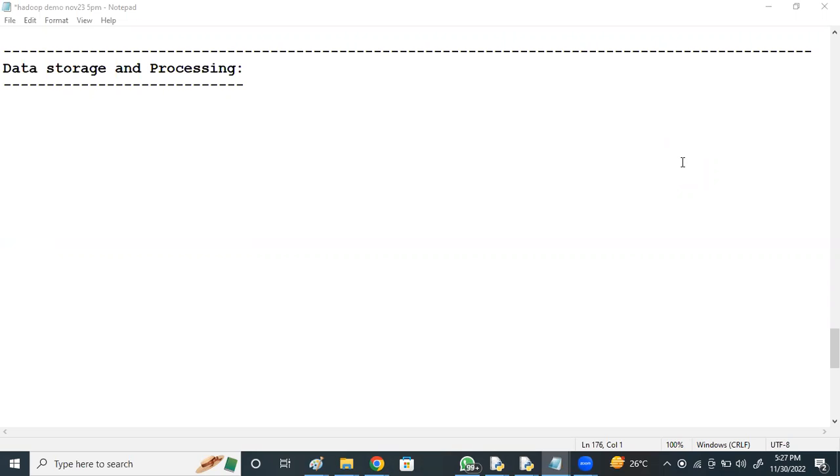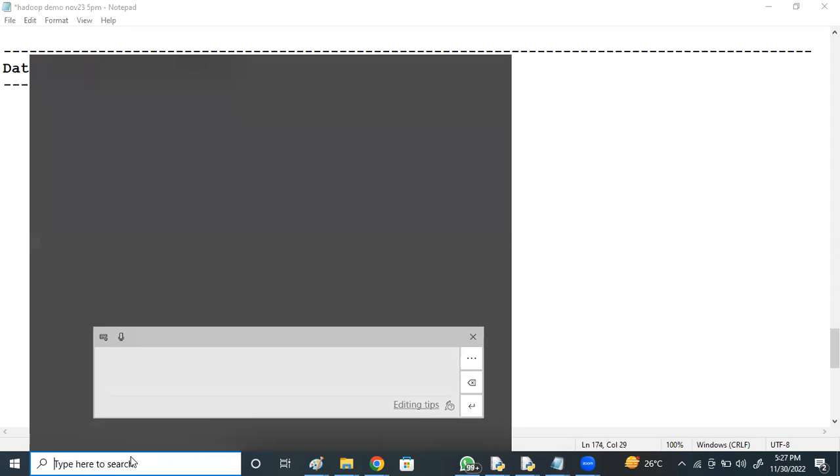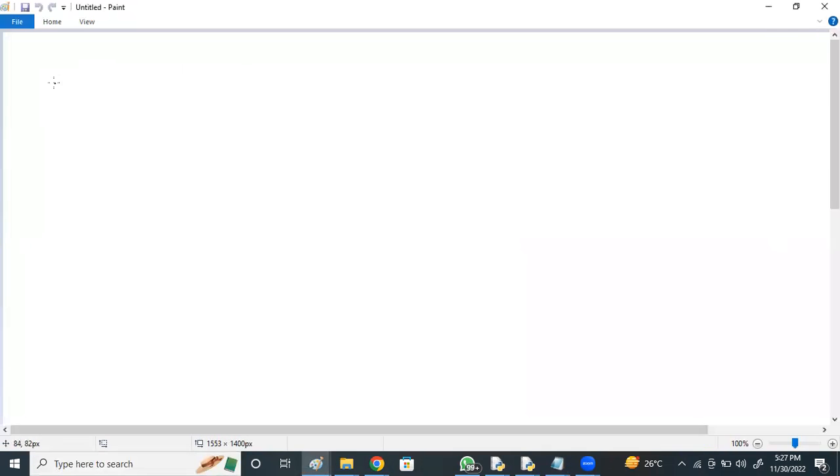Okay, fine. See, data storage and processing, case one. Observe this case one, right? In Hadoop, data is divided into smaller parts. We call them blocks.